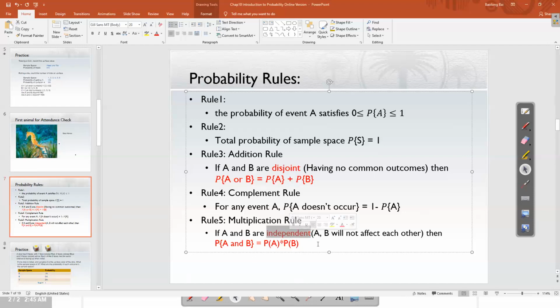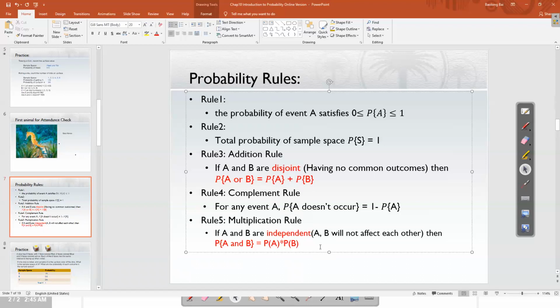A lot of times we use common sense to evaluate independence. So for example, if you randomly choose a student from one class, and you randomly choose another student from a different class, does the first student's gender, male or female, affect the second student's gender? No, right?